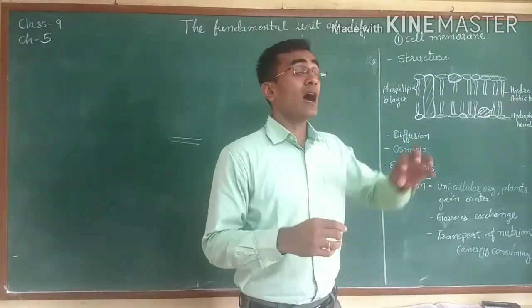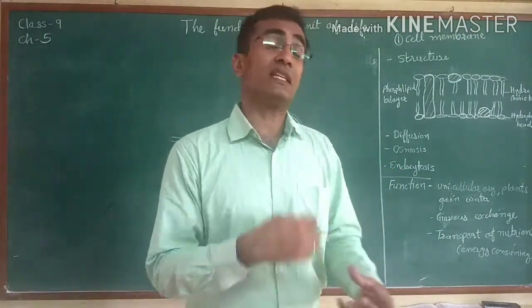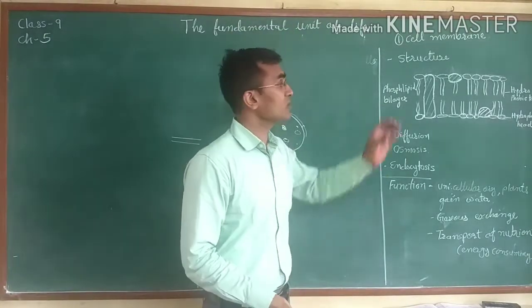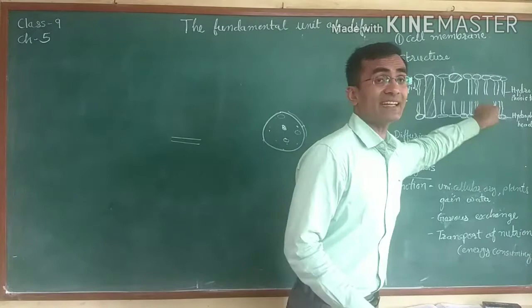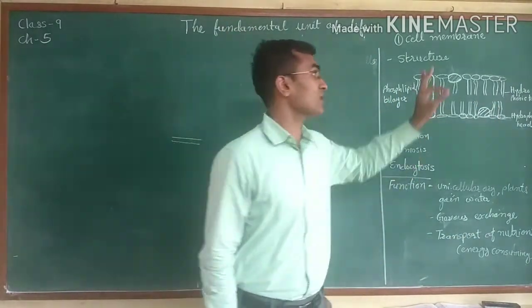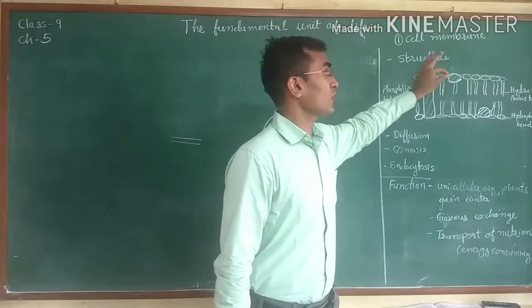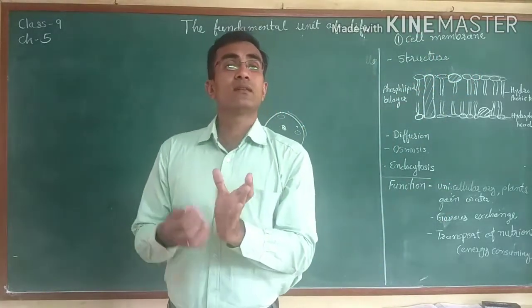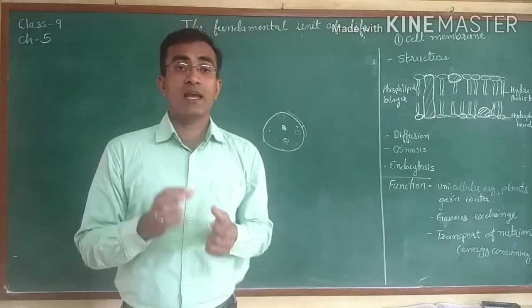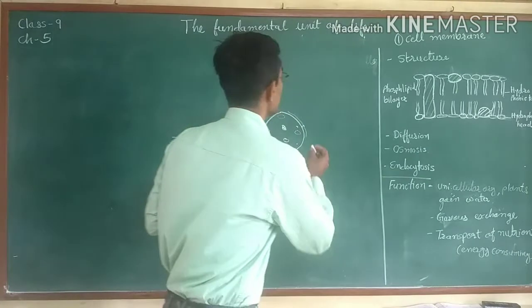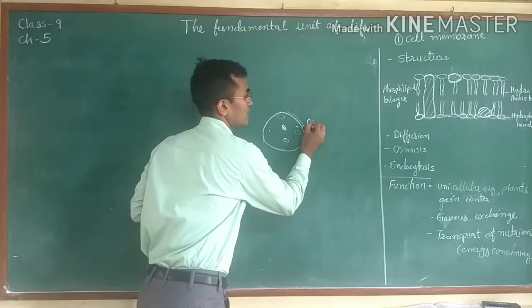But again, how do they transfer the oxygen inside the cell? The question is, how does this oxygen molecule enter into the cell? The mechanism for the transfer of oxygen from outside of the cell to inside of the cell is diffusion.